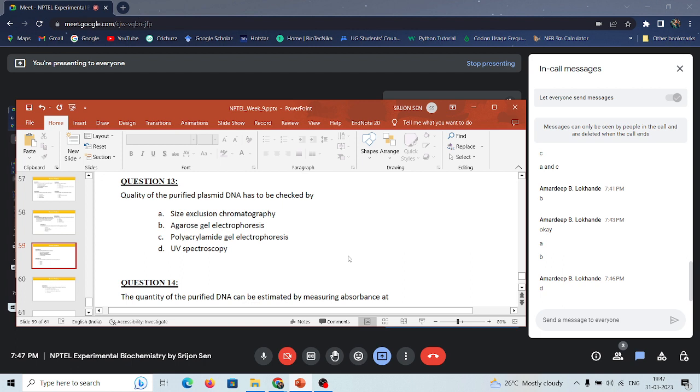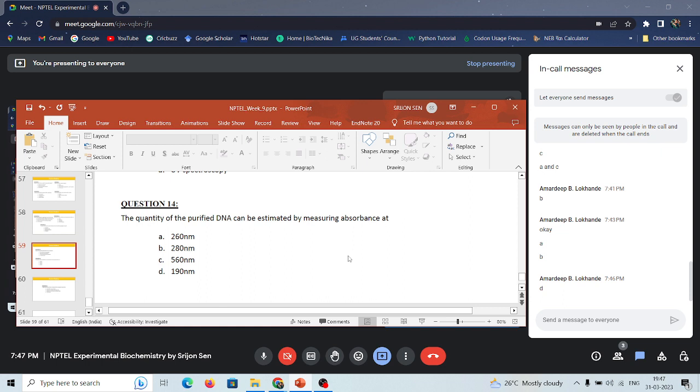UV spectroscopy is absolutely correct, but you also use agarose gel electrophoresis. After you run your DNA, you see whether you are seeing any other bands or not. If you see only one single thick band, then you can tell my DNA is pure. That also helps to comment on the purity of your DNA. Okay, so both B and D are correct.